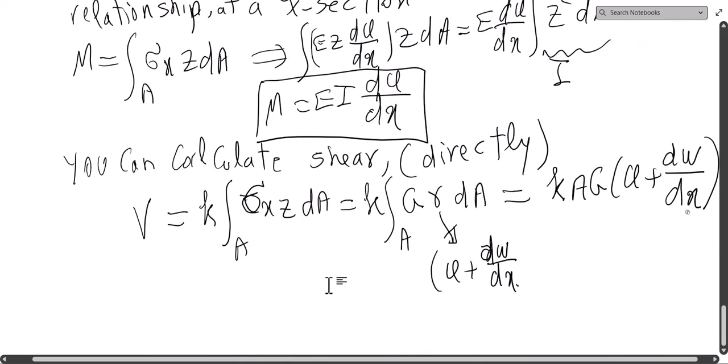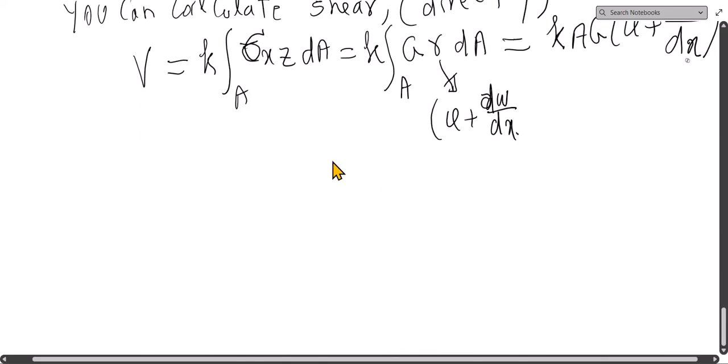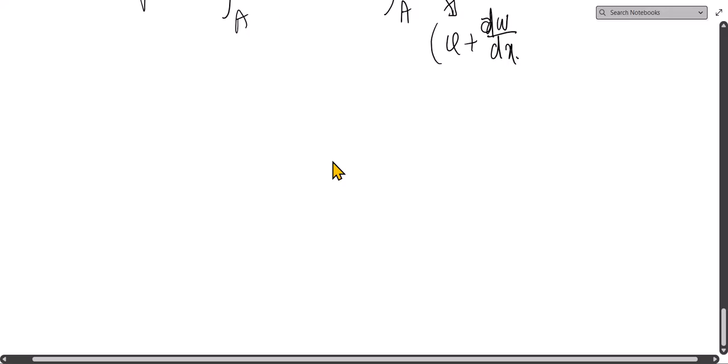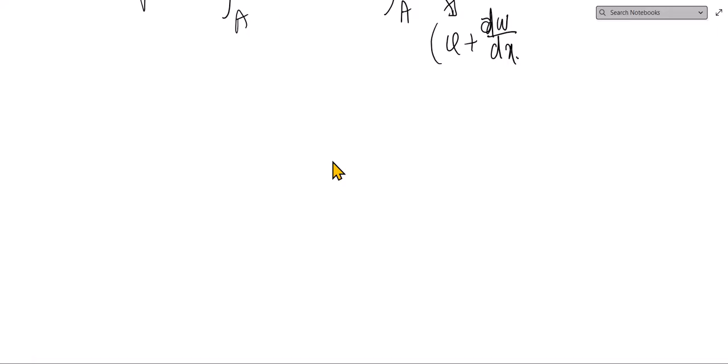And these are the two equations that give you the shear and the moment for Timoshenko beam theory. You don't need to go to the equilibrium, and you don't need to deal with the quantity, which we call first moment of area.